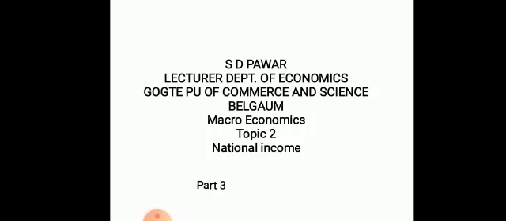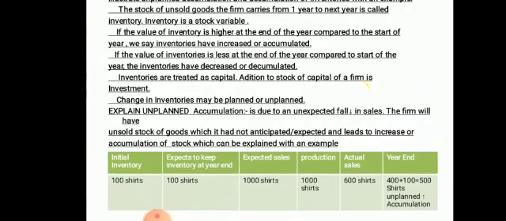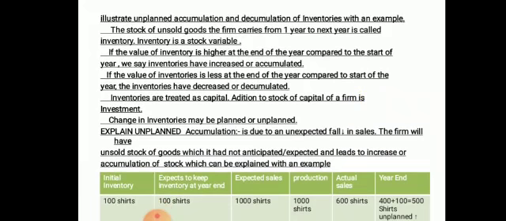Now let's continue with the next part. Illustrate unplanned accumulation and unplanned decumulation of inventories with an example. Firstly, inventory means what? Stock. Now let's see the stock of unsold goods.